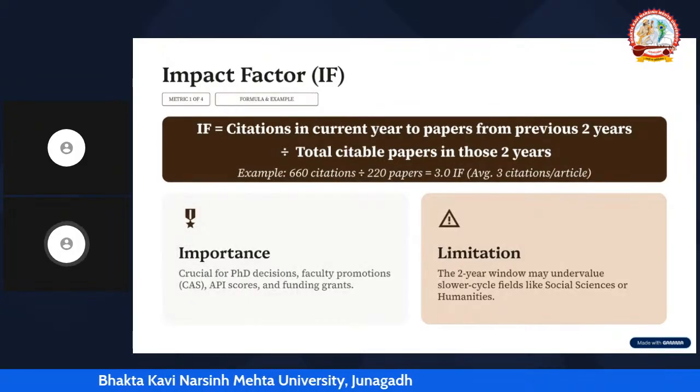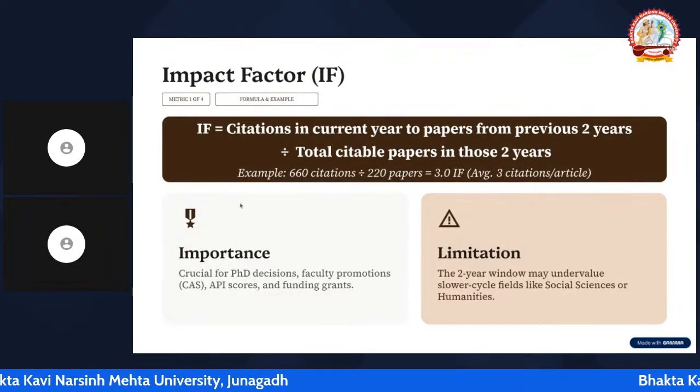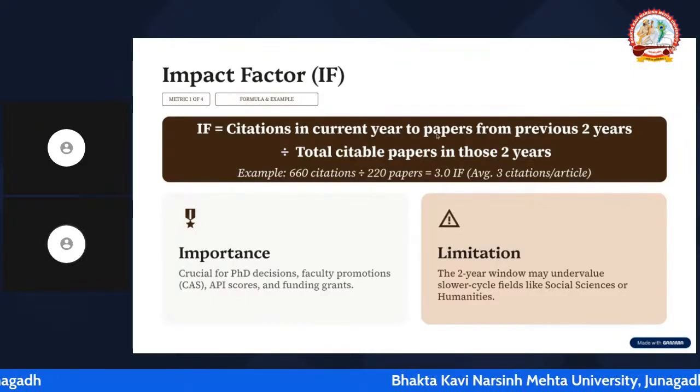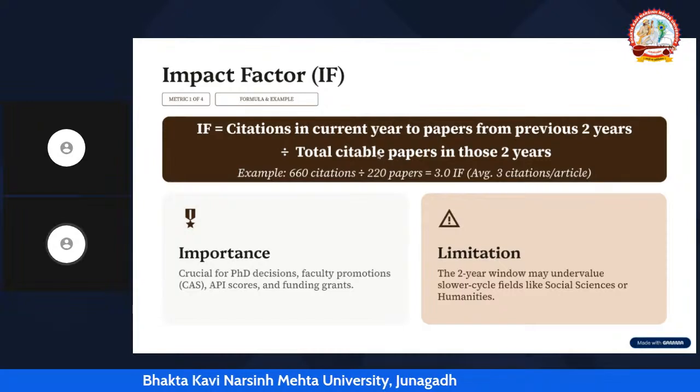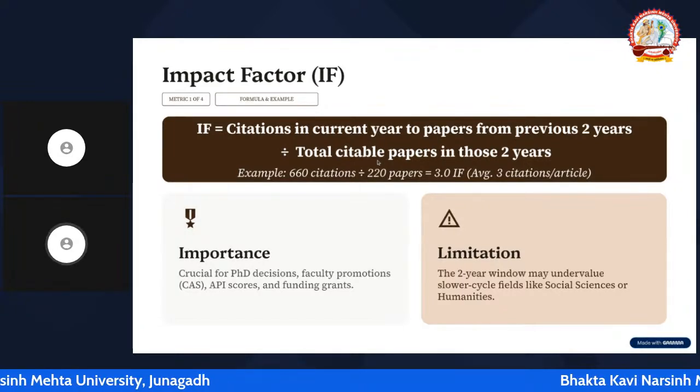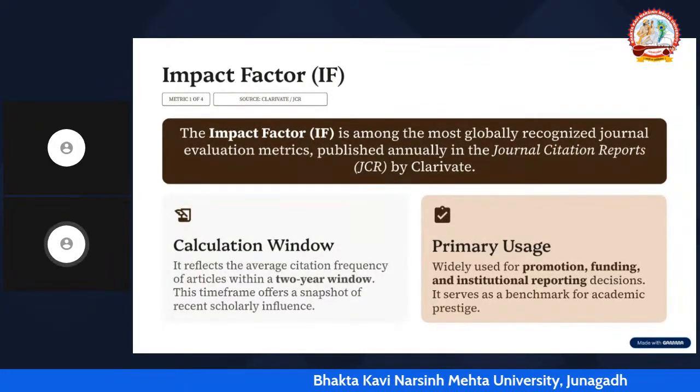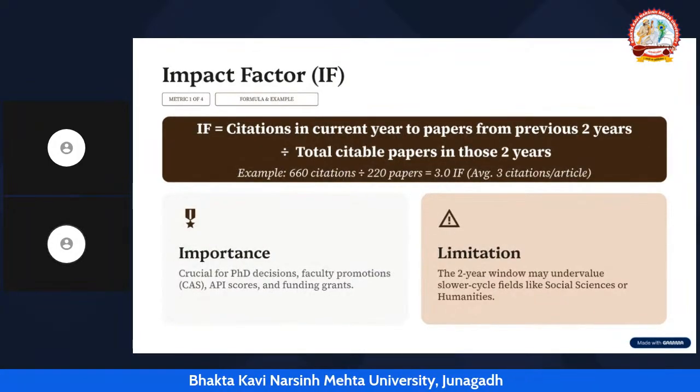Here is the calculation: citations in the current year to papers from the previous 2 years, divided by total citable papers in those 2 years. So the calculation window is 2 years.